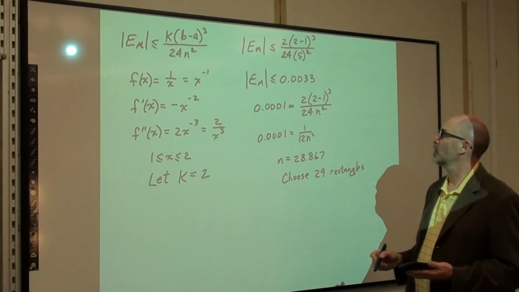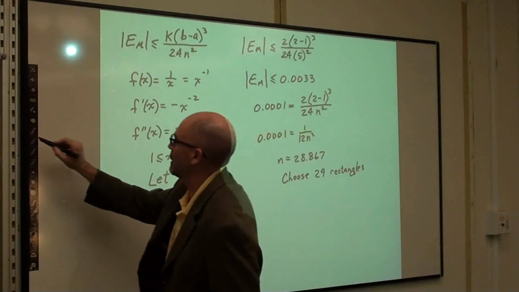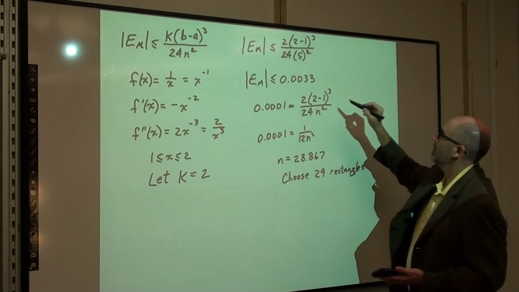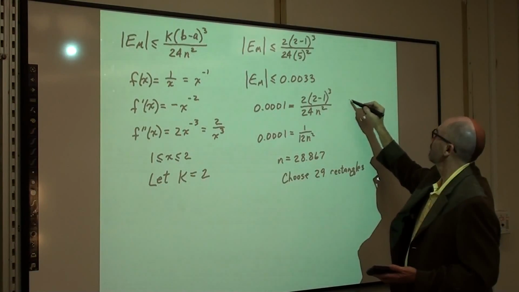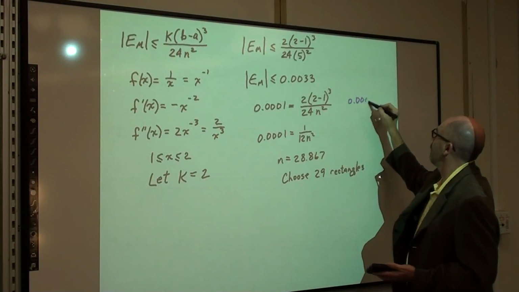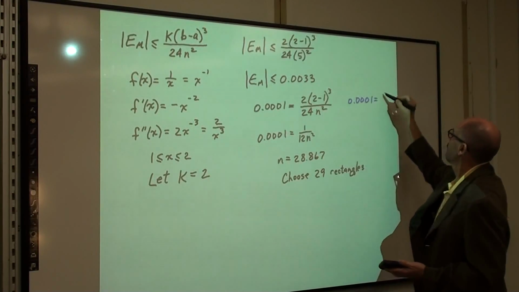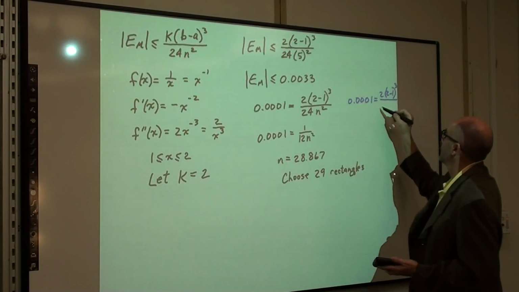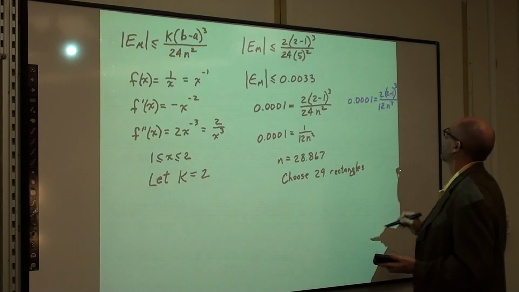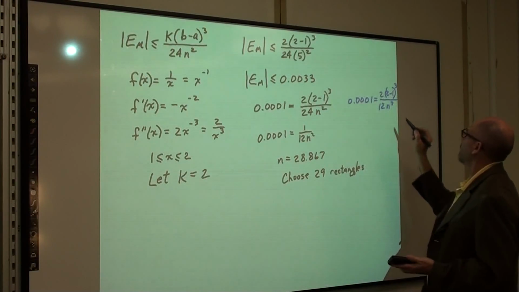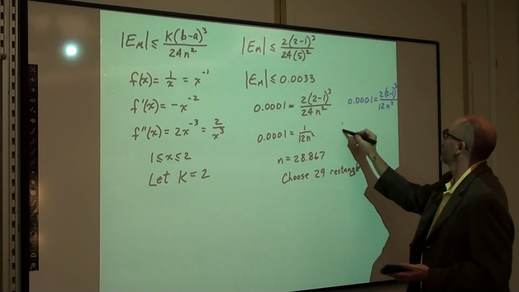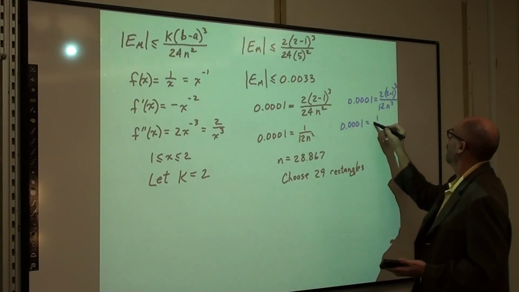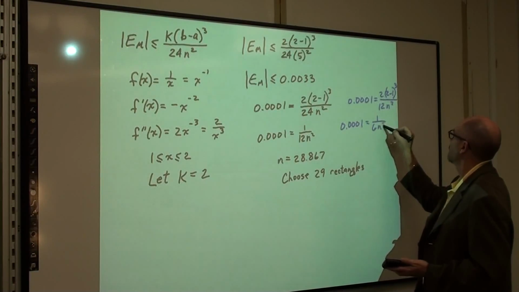All right, now, let's do the trapezoid. If we're using the trapezoidal method, then that means 0.0001 equals 2 times 2 minus 1 cubed over 12 n squared. Okay, so now it's going to be 1 over 6n squared.